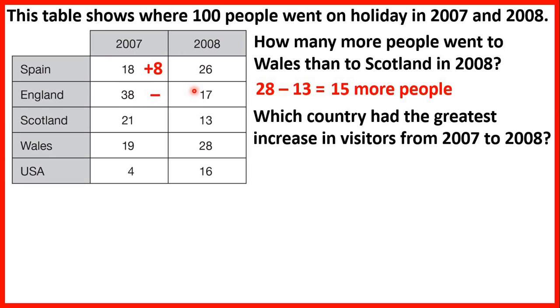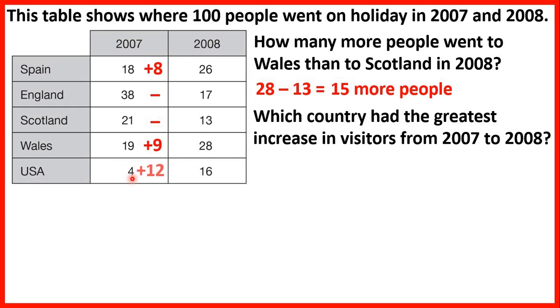That's a decrease in the number of people going to England in 2008. And for Scotland as well, we have a decrease, not an increase, because the number is getting smaller, not larger. For Wales, we have 19 and 28, so that's an increase of 9, because 19 plus 9 is 28.